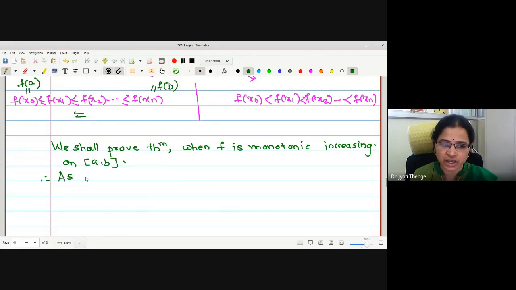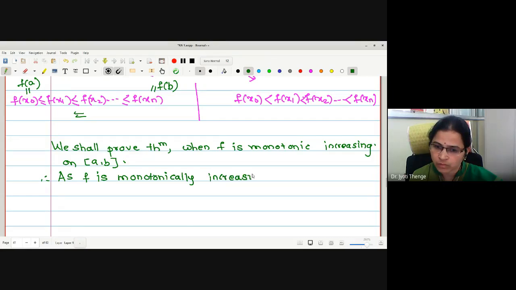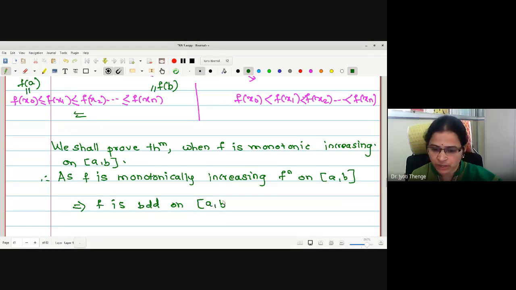Therefore, I am just writing as f is a monotonically increasing function on closed interval AB, which implies f is bounded on closed interval AB.